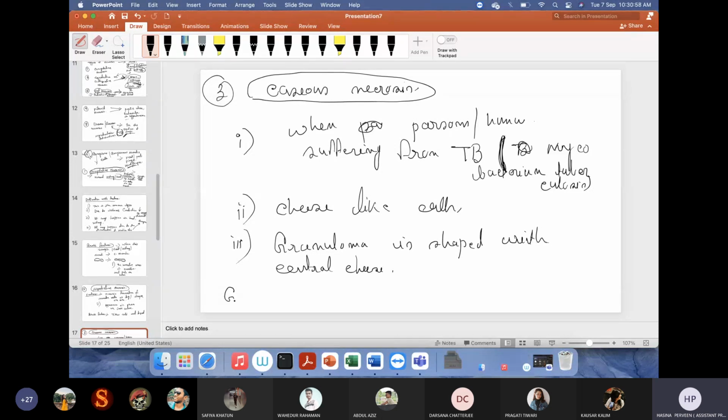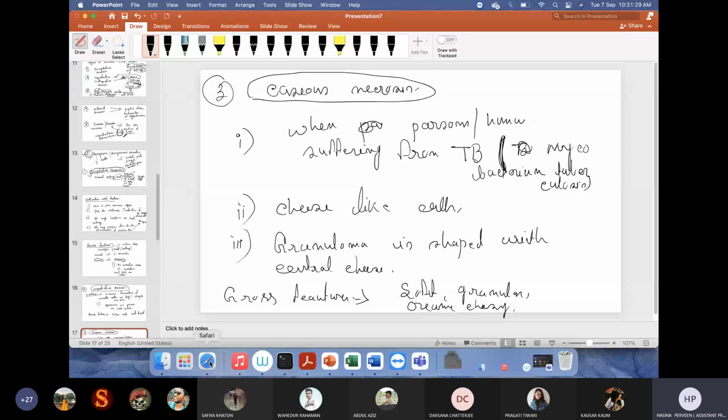And gross features: this is the soft, granular and creamy cheese. Okay, that means when mucus is present in the cells, these cells are soft, with granules and a creamy texture.